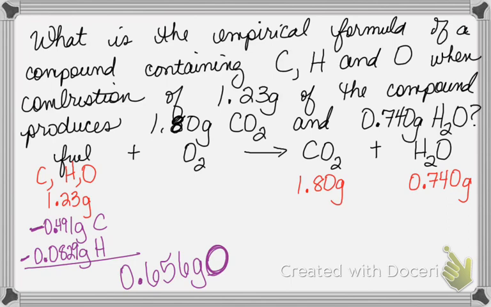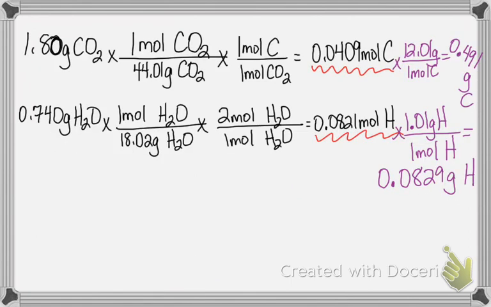What do we know about the O? We know that it's 0.656 grams of O. How do you get that to moles of O? Divide it by 16. Yes, you divide it by 16. Where does that come from?